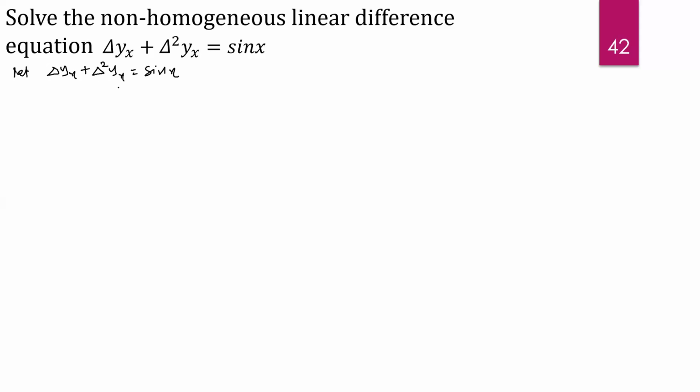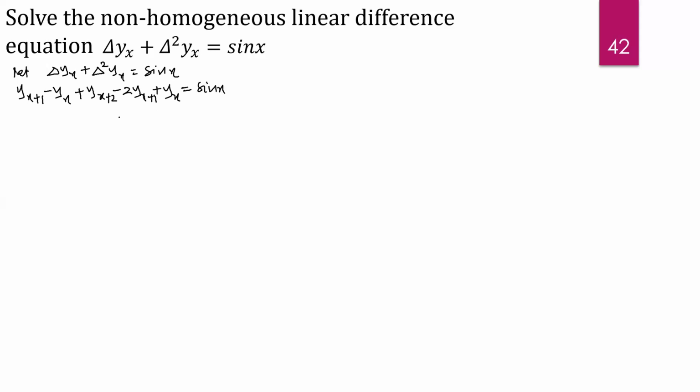We know Δy_x by definition is y_(x+1) minus y_x, and Δ²y_x means y_(x+2) minus 2 times y_(x+1) plus y_x is equal to sin x.